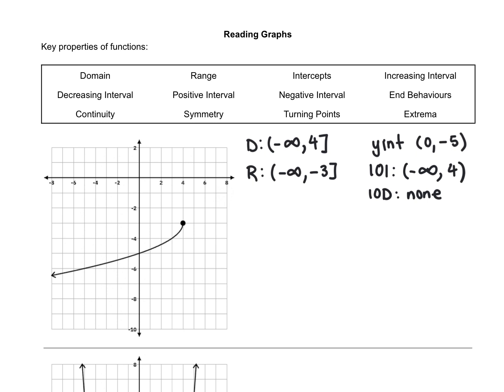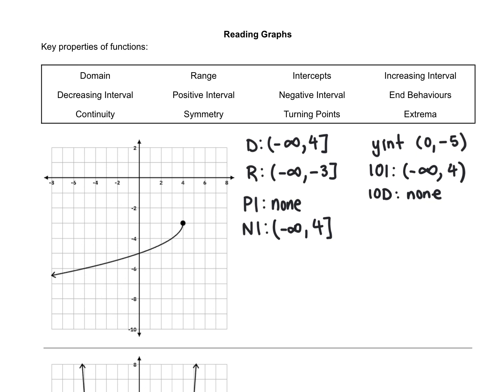So I will make a point, positive interval, none. And for our negative interval, from negative infinity all the way to positive 4. And at 4, the y coordinate is actually negative, so I am including that value.